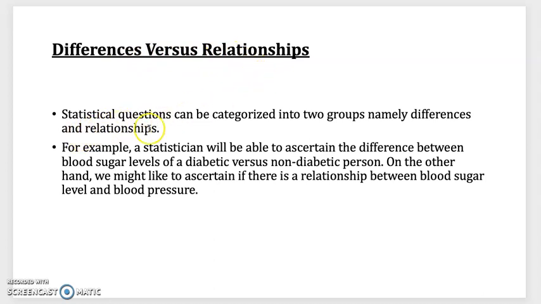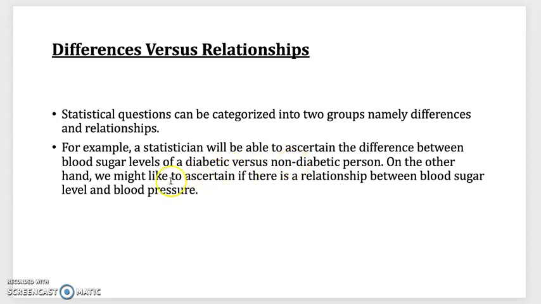Statistical questions can be categorized into two groups, namely differences and relationships. For example, a statistician will be able to ascertain the difference between the blood sugar level of diabetic versus non-diabetic persons. That's why we need to get the blood sugar value from diabetic patients and from non-diabetic persons.